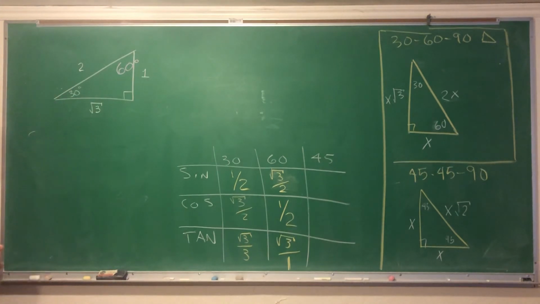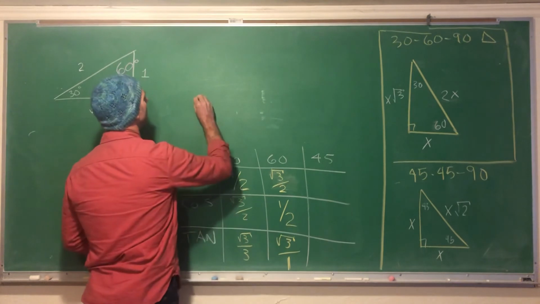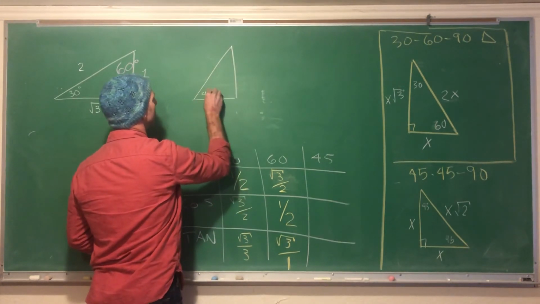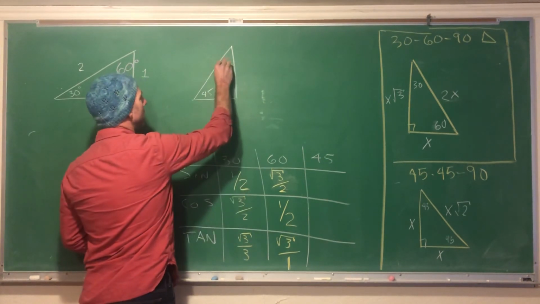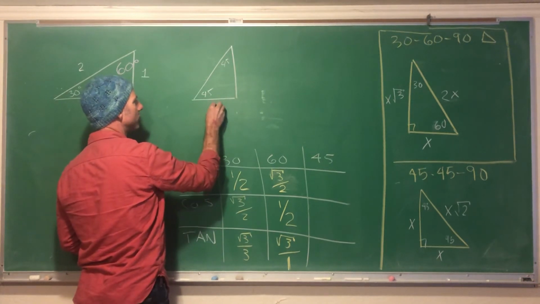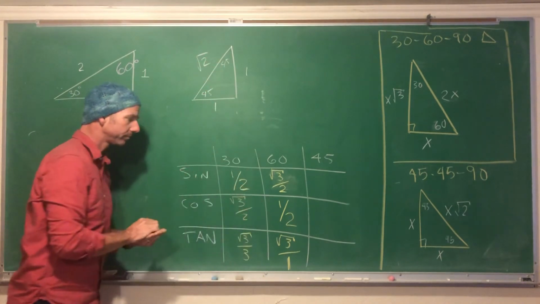And the last one's going to be the 45, 45, 90 triangle. And let's see, it's going to be, let's call this one 1, 1, root 2.